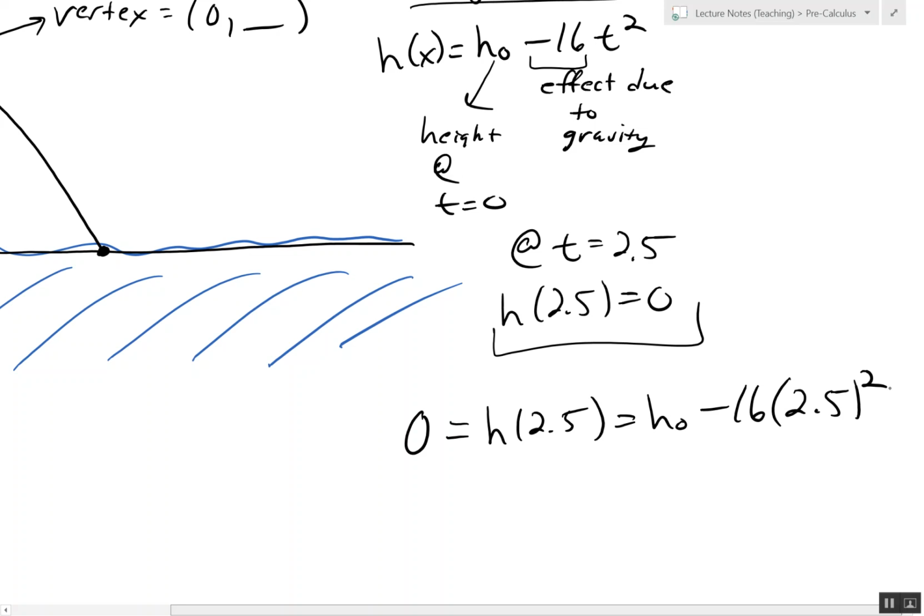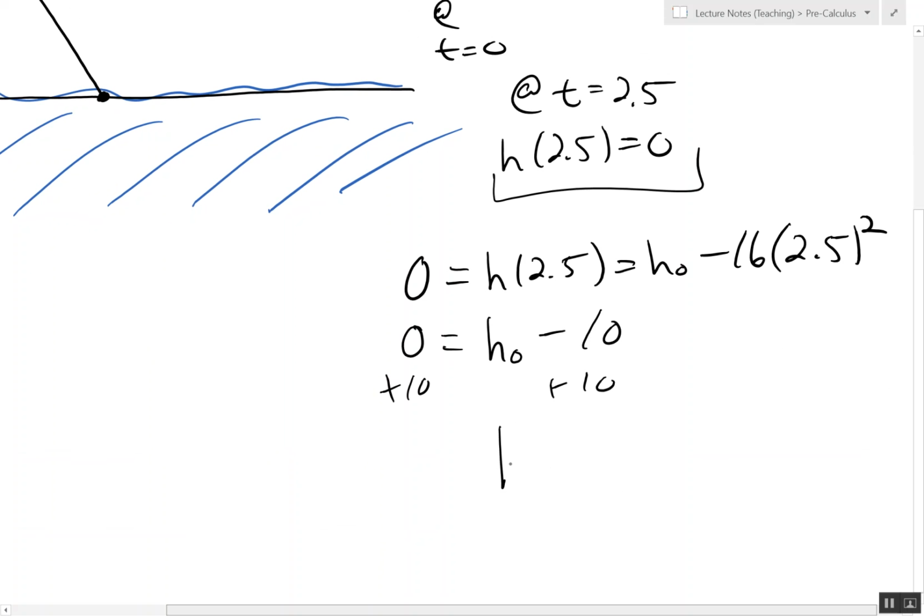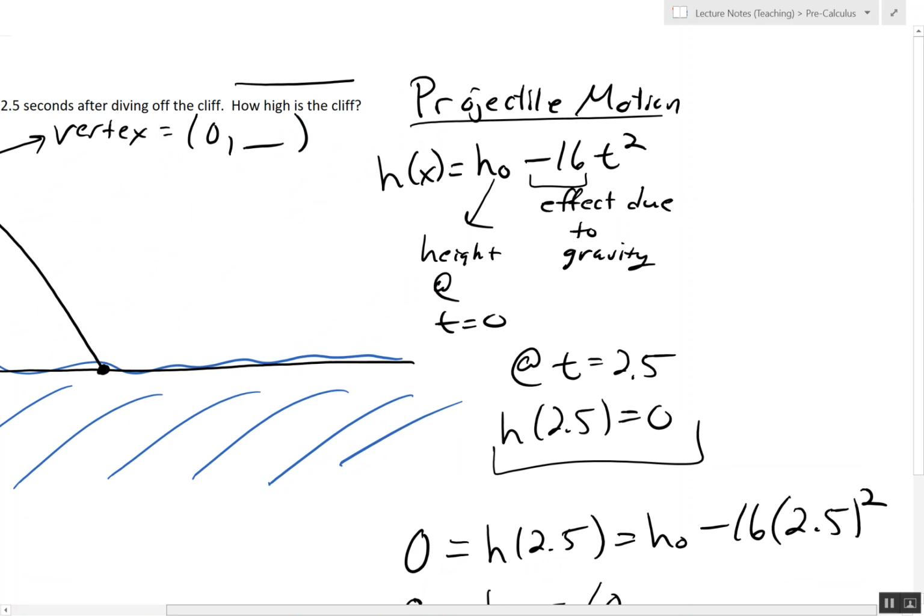Times 2.5 squared, and I get negative 10, or it will equal h naught minus 10, and adding 10 to both sides gives me that the height is at height 10, and I believe this is in feet.